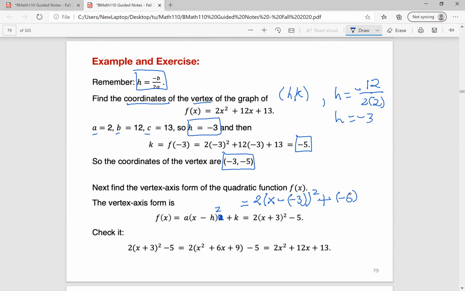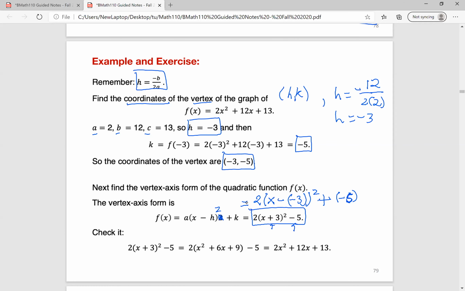So when you try to simplify it, you will see that minus with minus here is going to be plus, and plus here with the minus here will be minus. So that's the reason why you have the form as 2 times (x plus 3) squared minus 5.